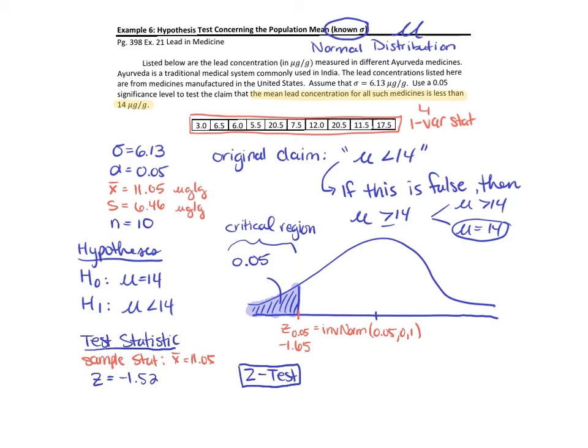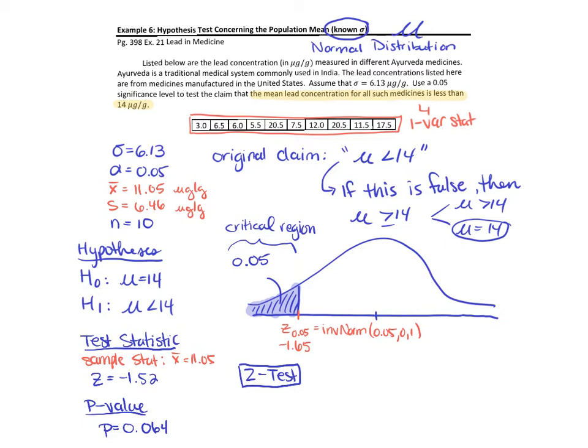And our calculator also gives us a p-value of 0.064.